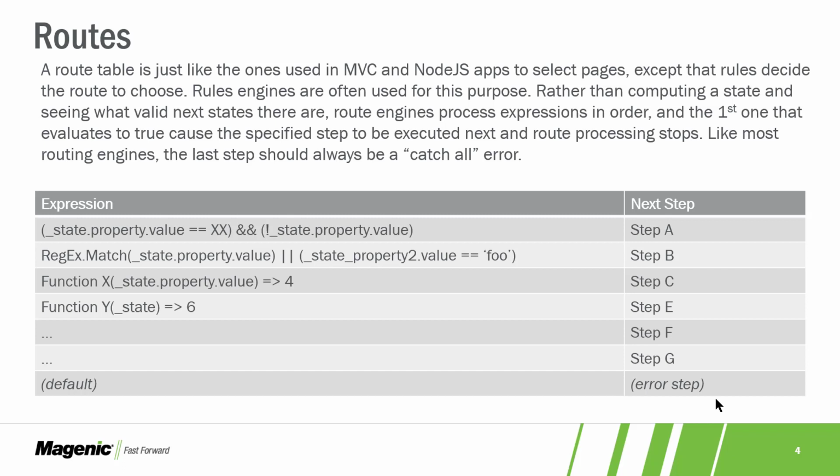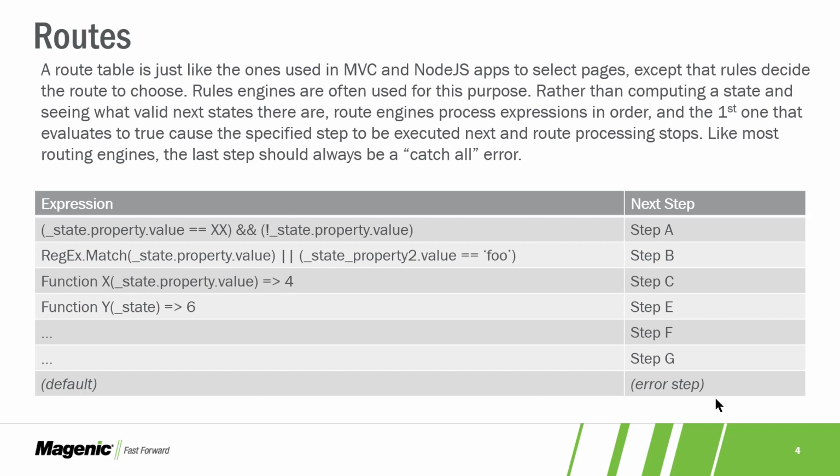And those of you who have used routing engines for web applications will be pretty comfortable understanding the route concept. Essentially, there's a route table composed of an expression that can be evaluated from the state that it's given. And then based on that, we have a next step determination.